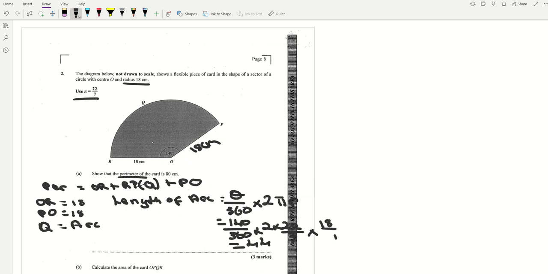Alright, so my perimeter would be 18 plus 18 plus 44, and I am getting 80 centimeters. And that is how you would show that the perimeter of the card is 80 centimeters. Then they said calculate the area of the card.